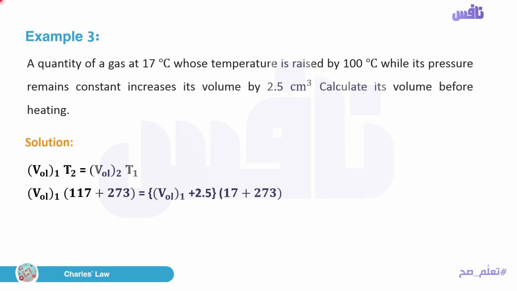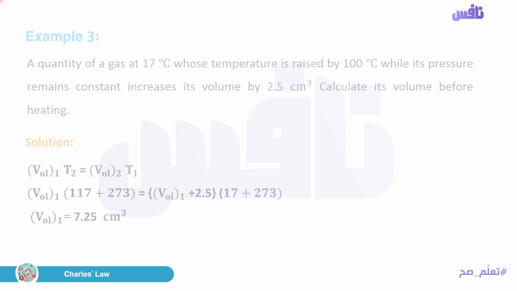So 117 plus 273 equals V2, which is V1 plus 2.5, multiplied by T1, 17 plus 273. Using your calculator, the V1 value will be 7.25 centimeter cube.